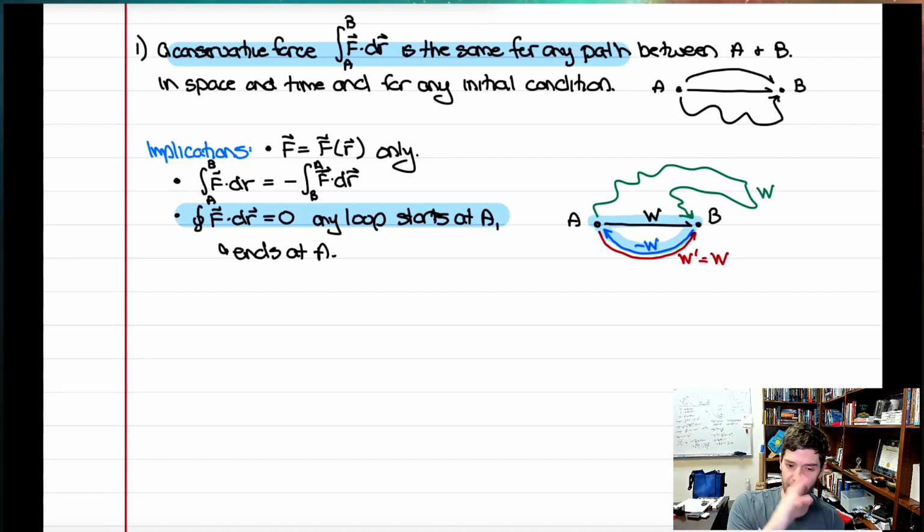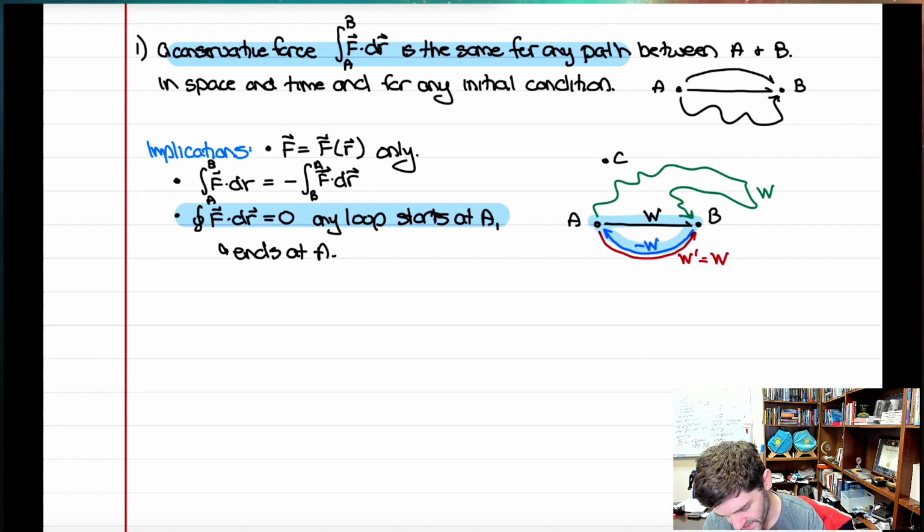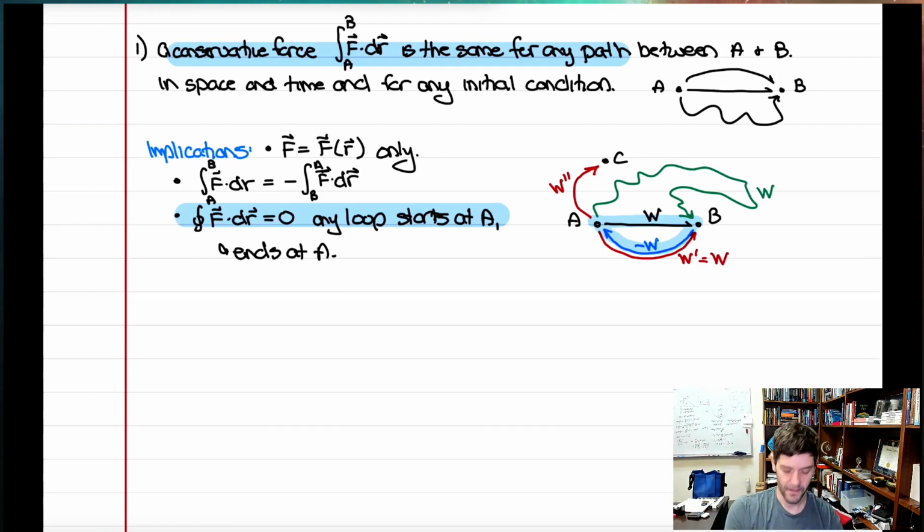So if I had, say, some endpoint C, and then took some path from A to C, I would not necessarily expect that the work being done here is the same as W. This might be W double prime or something like that, which does not necessarily need to be equal to W. Could be, but there's no reason why it should be.